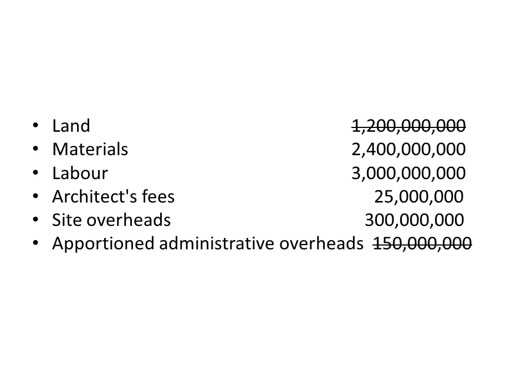However, apportioned administrative overheads are not part of the cost of the factory because they don't directly relate to the construction of the factory. Remember that this could be head office or headquarters administrative cost, which is shared across the different projects or departments of the organization.